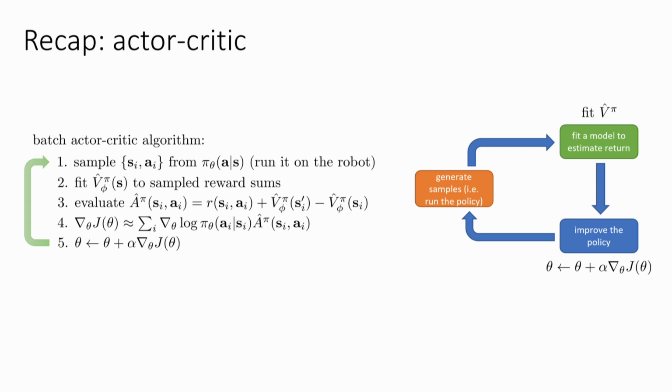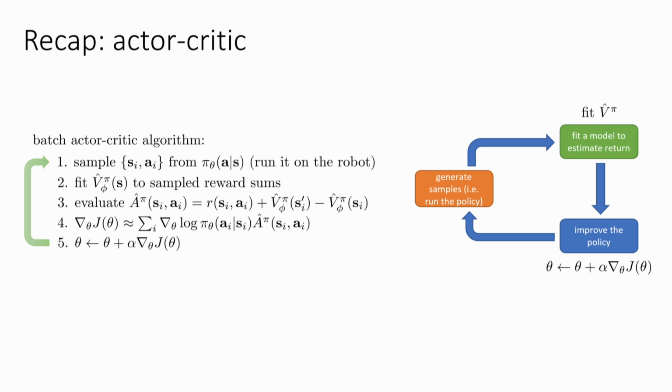Then we fit a value function. We saw how we can fit the value function in a few different ways, using, for example, Monte Carlo estimates, or using bootstrapped estimates, or doing something like the n-step returns estimator and its variance. So there are a variety of different ways to fit the critic. Then we can evaluate the advantage at every time step and sample as simply the reward plus the next value minus the current value.